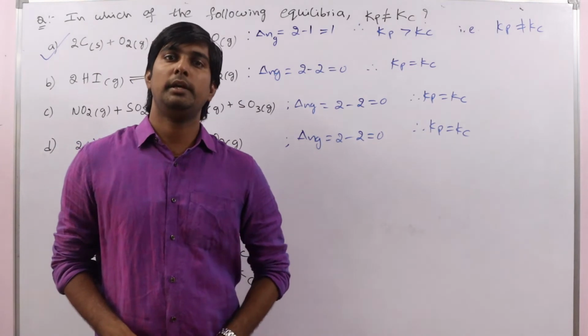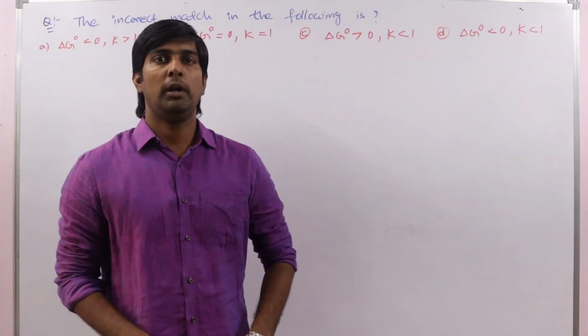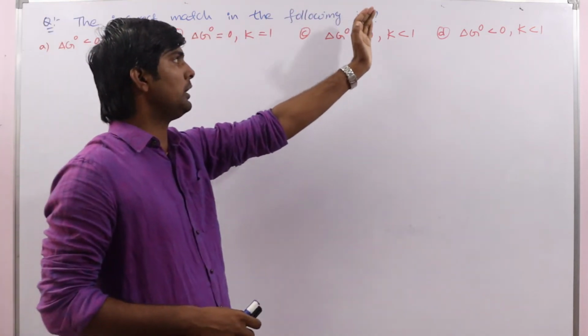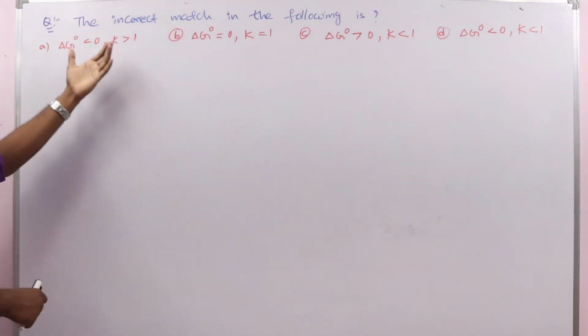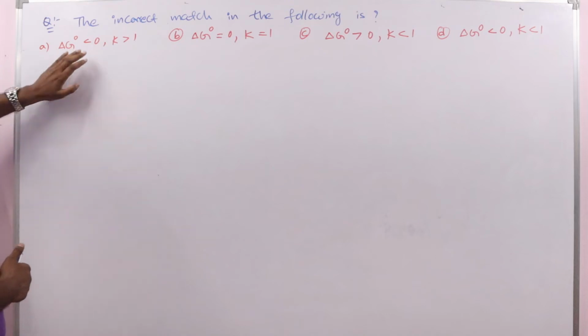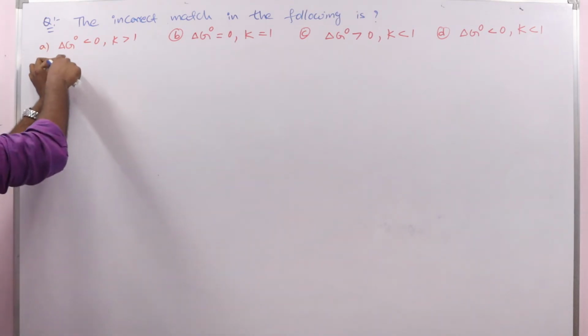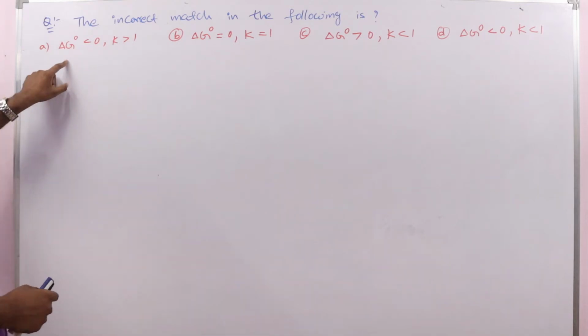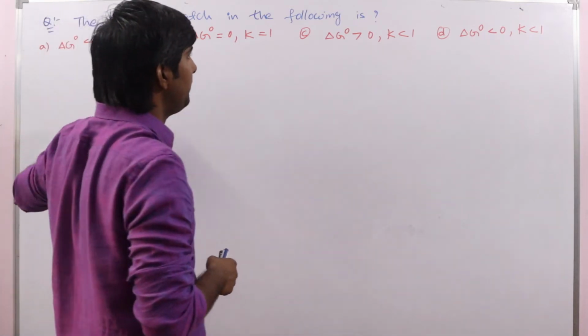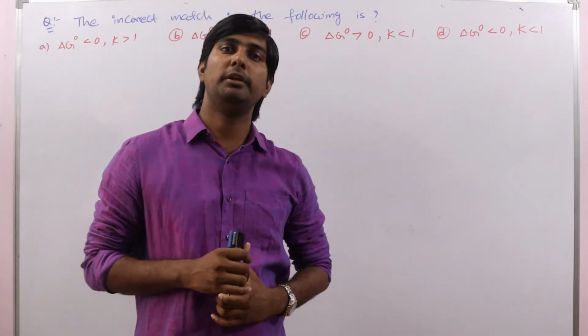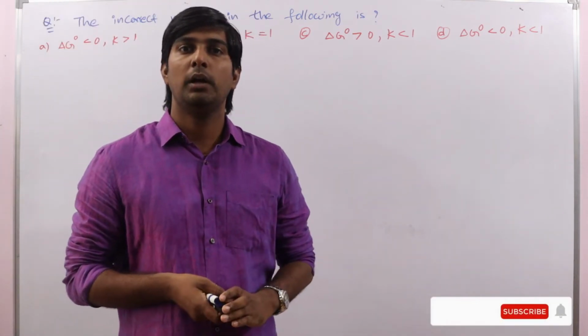Okay, next let us discuss another problem. The incorrect match in the following is, okay, so here four options are given. See, in the given options, standard Gibbs energy change delta G naught and K, the equilibrium constant, are given. Okay, so already we discussed thermodynamics and chemical equilibrium application.